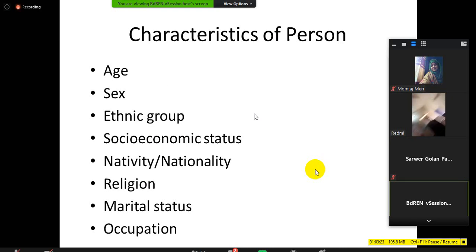These are 3 important characteristics of the socio-economic status. Nationality and ethnicity কিন্তু এক না। আমরা সবাই কিন্তু বাংলাদেশী, that is our nationality. আর বাঙালি হচ্ছে আমাদের ethnicity. Religion, marital status, occupation.